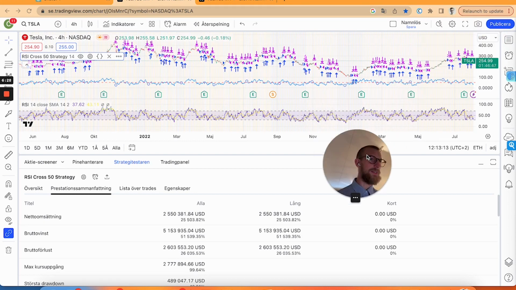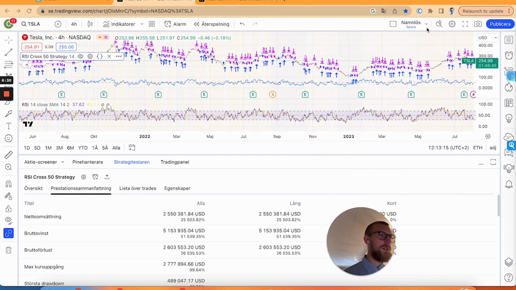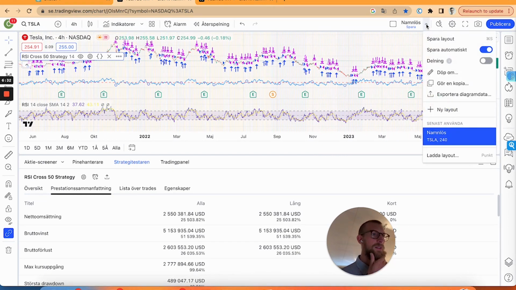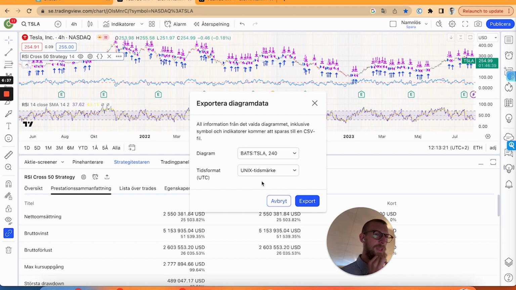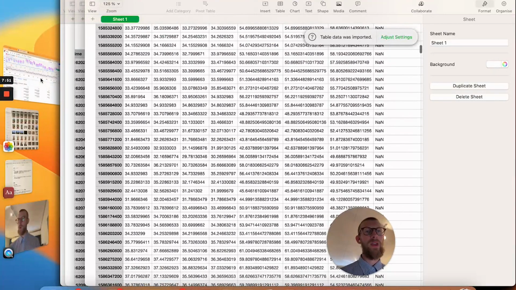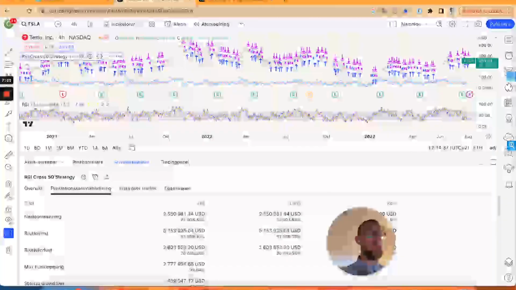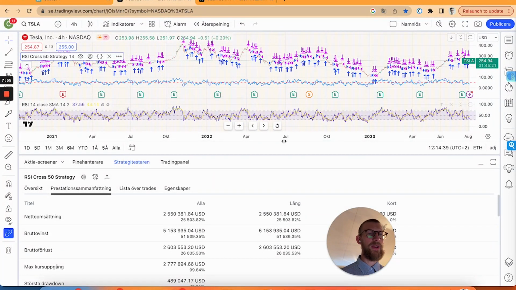So let's do this. All right, if we go here, we can export it. Yes. So now we have the data from the price action. What we will do now is try to export the results.